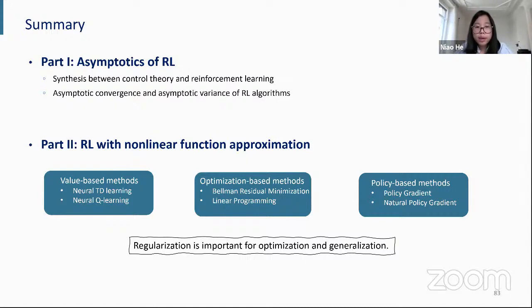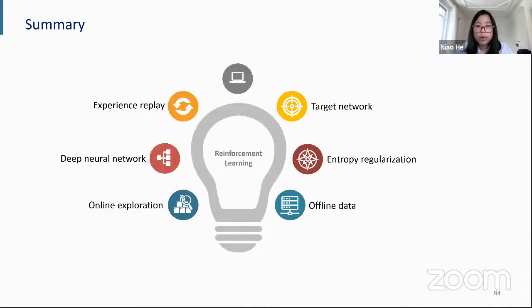The key message here is that regularization is super important, both in terms of the optimization aspects and the generalization aspects of reinforcement learning. And with that, I will conclude the lecture now, and I'm happy to take any questions you might have.